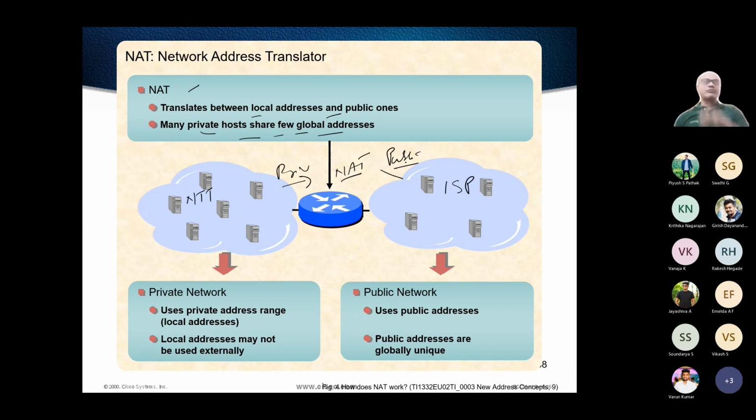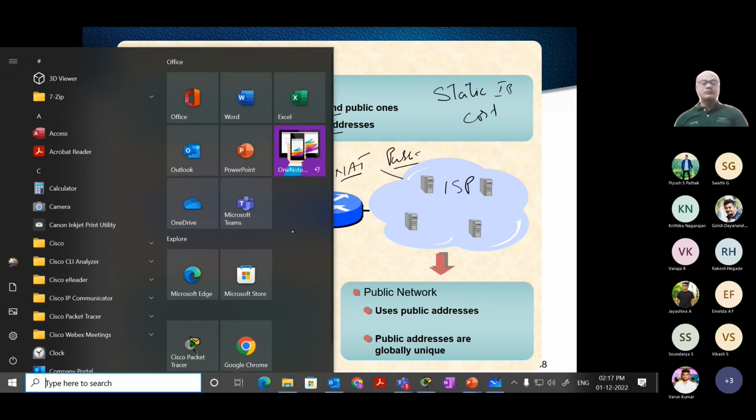So do you know the cost of a static IP address, guys? You know static IP, right? Anybody? Static IP cost? It should be around 4,000.